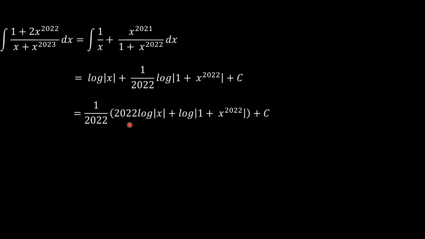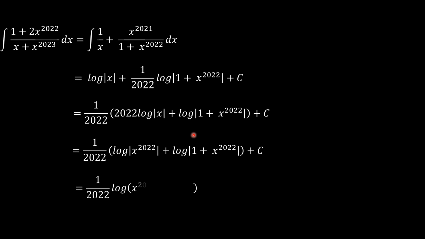And then taking this up as a power allows you to combine those two logarithms, and so you have log of x to the power 2022 plus x to the power 4044, because this times this is twice that. And the reason I've decided to remove the absolute terms is because this is definitely even.